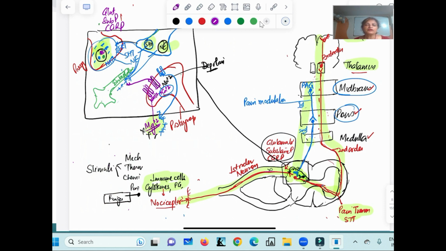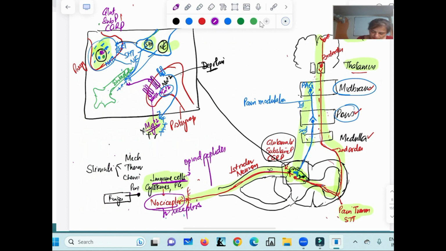ठीक है. Now coming to the peripheral mechanism में इसका कैसे है? See peripheral, with the tissue injury what will happen? Tissue injury से आपके यहाँ पे starting में बताया, the immune cells they get activated. The immune cells they are rich in opioid peptides, endogenous opioid peptides, and this primary afferent neuron or sensory neuron they are rich in mu receptor, opioid mu receptor they are there.